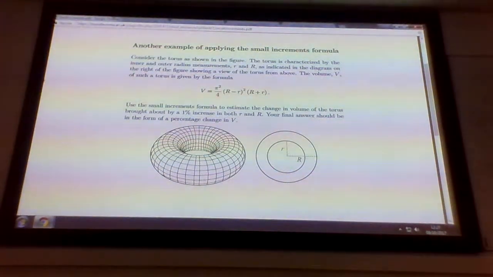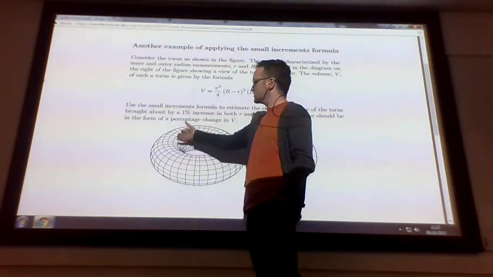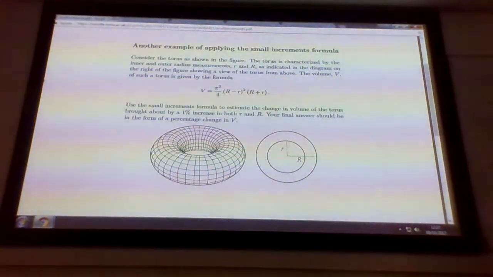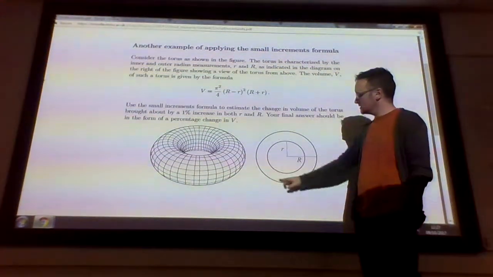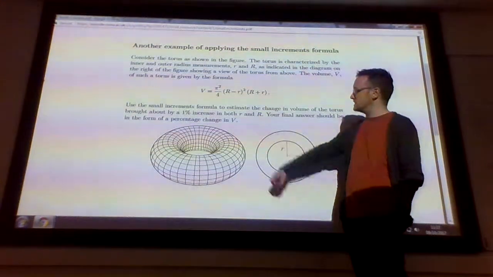Here we're talking about the volume of a donut, or a torus, this kind of shape. The spatial volume occupied by that. This is a torus with circular cross sections, so its core is a circle, and its cross section at each stage is a circle.